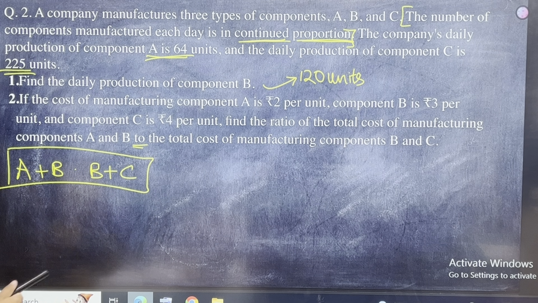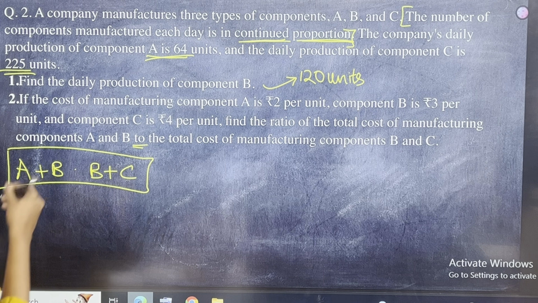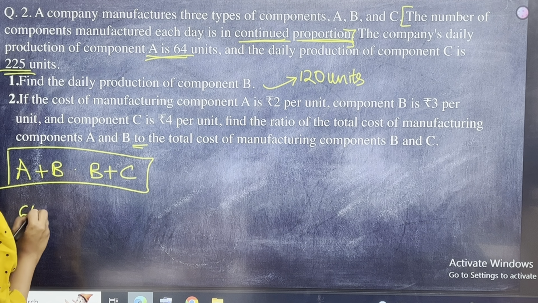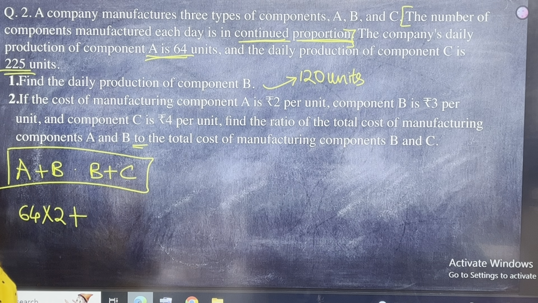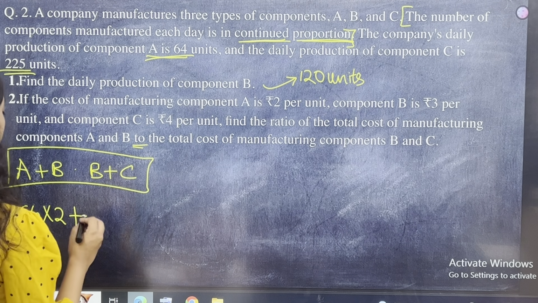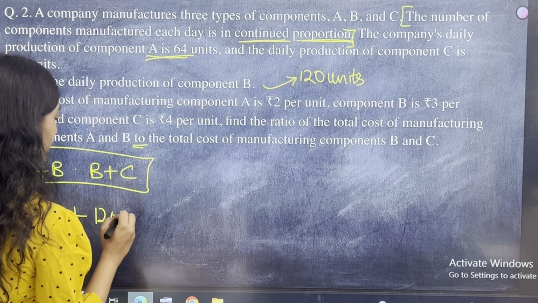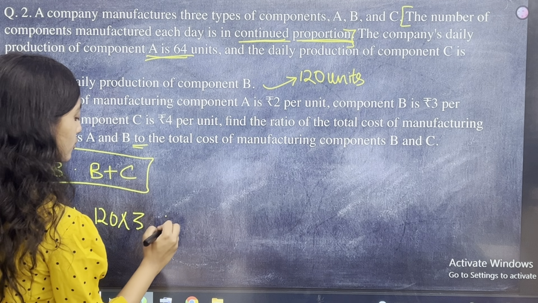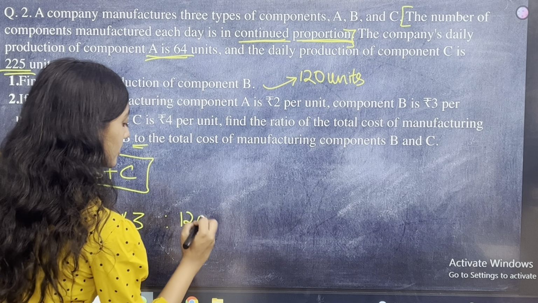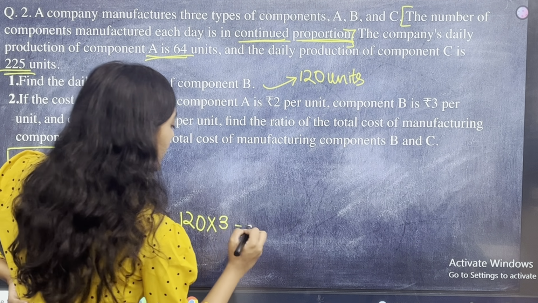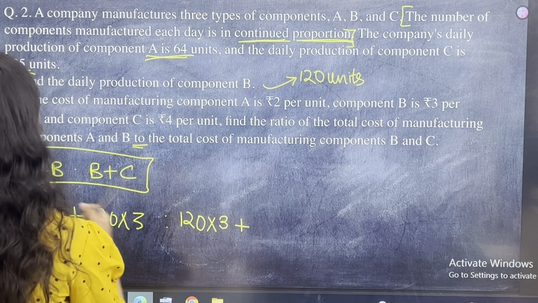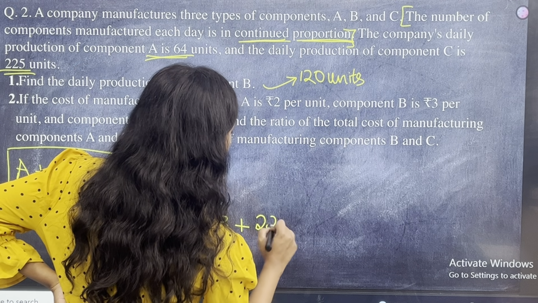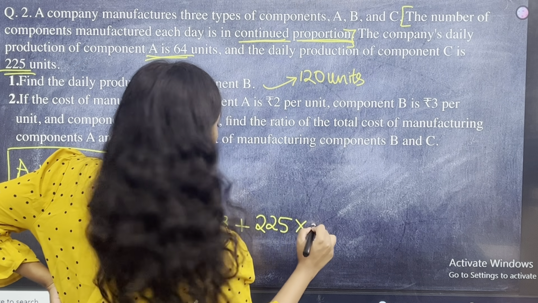What is the total for manufacturing A? 2 rupees per unit, and you have 64 units. So 64 into 2 plus B. B is how much? You have 120 and it is 3. So it is 120 into 3, is to 120 into 3 plus you have 4 rupees per unit and you have 225 units. So 225 into 4.